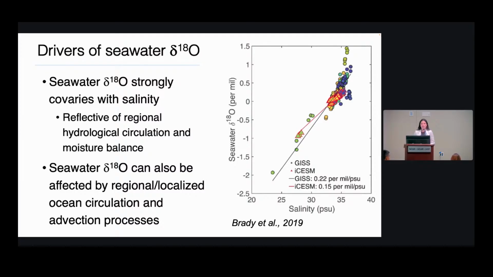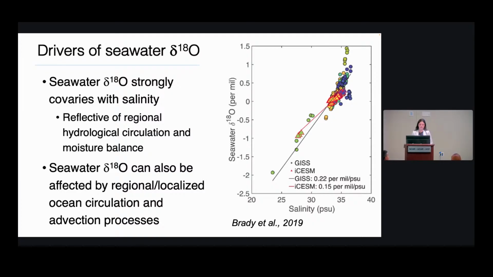So seawater delta O18, I'll breeze through this since most of you know about isotopes, is reflective of regional hydrological circulation and moisture balance, and therefore co-varies very strongly with sea surface salinity. I'm showing that relationship here on the plot on the right, which shows the slope of seawater delta O18 and salinity across the tropical Pacific in both iCESM and observations.